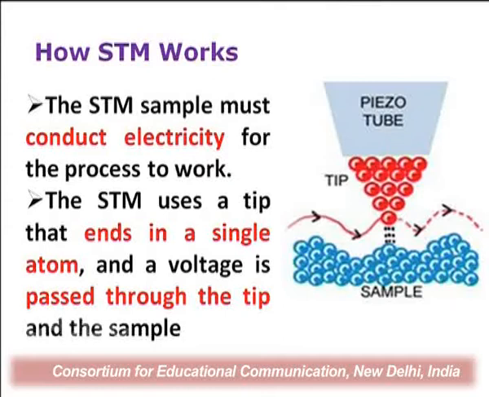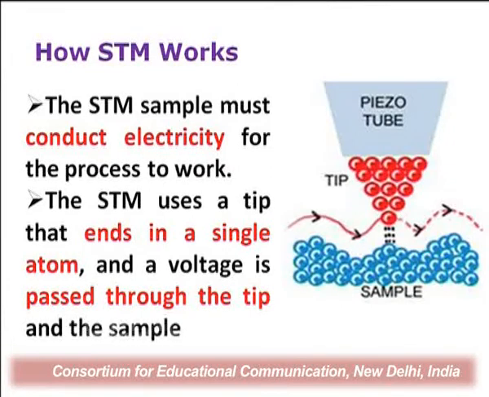Here we see in the diagram that the sample surface is not smooth, it is uneven. So this tip is moving over this surface at a particular distance. Now we go through how the STM works one by one.